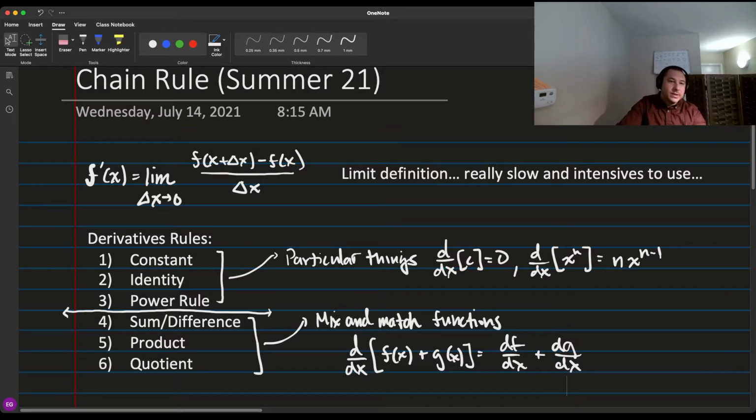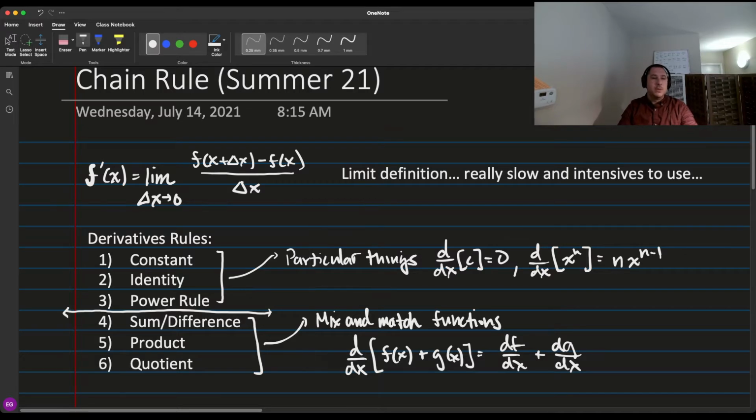The difference rule is if you took the derivative of the difference of two functions, what could you do with it? The product rule is if you had the derivative of the product of two functions. The quotient rule is if you had the derivative of the quotient of two functions. There's actually one more function operation that's missing here. You can add functions, subtract functions, multiply functions, and divide functions.